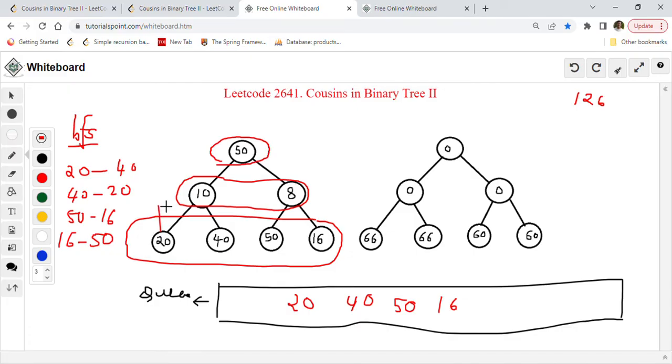Now when you are processing this node through BFS, you remove it from here. Now you will subtract this 20 value. Then you check if it has any brother. Does 20 have any brother? Yes, you have a brother here in the map. Its value is 40, so you will subtract that value also from here. So you will get the value 66 and you will put that value here.